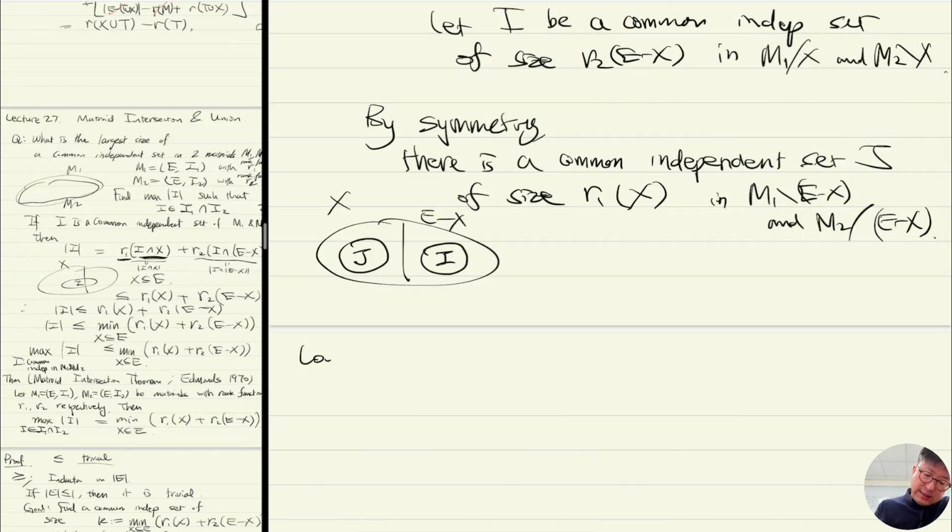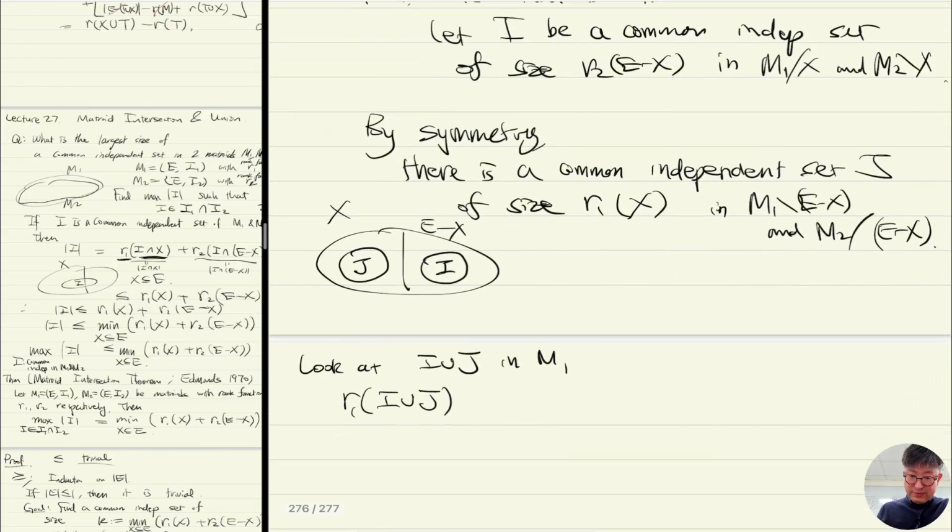Now let's look at I union J in M1. What is the rank of I union J? Maybe I can just say this: I union J is independent in M1.